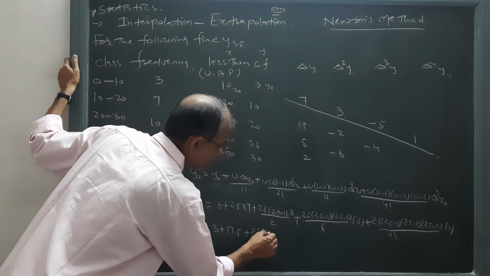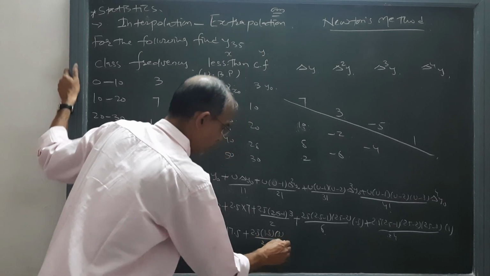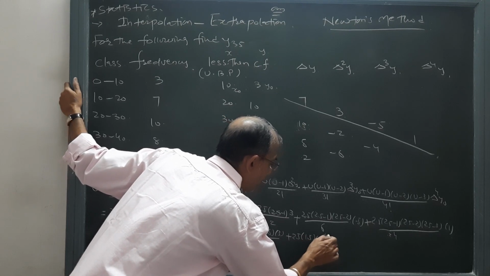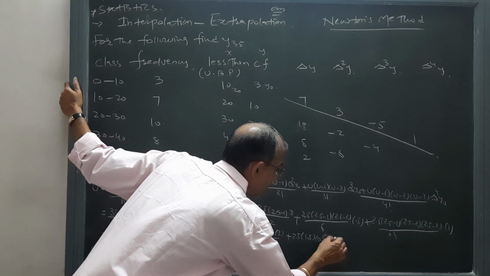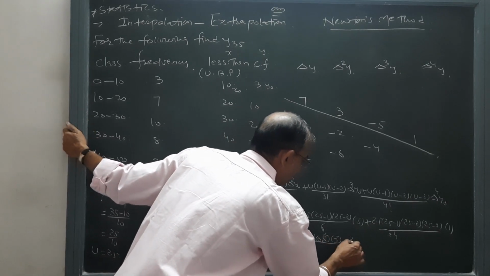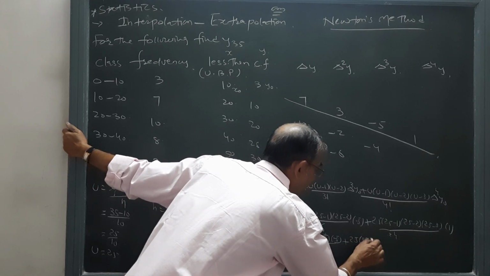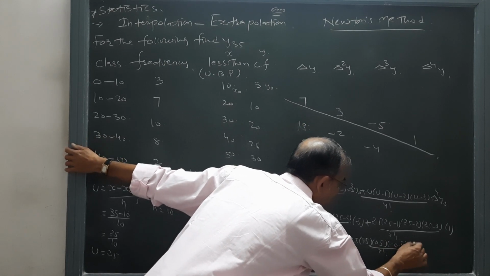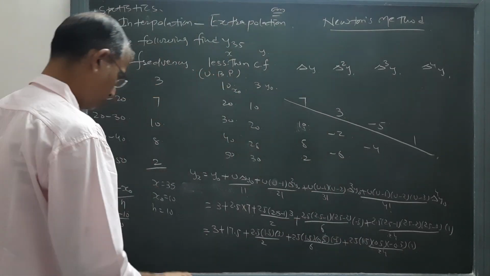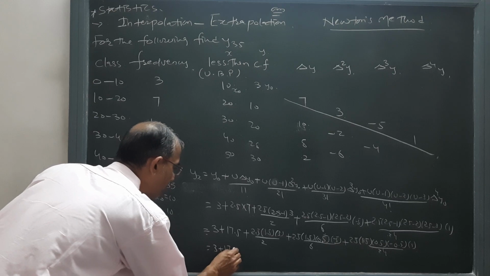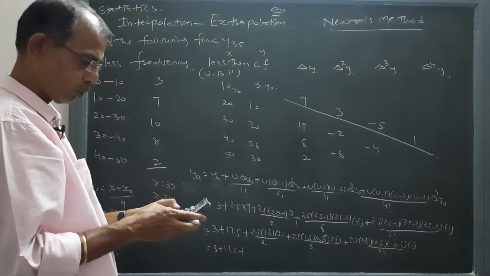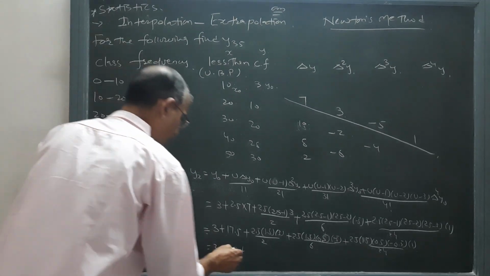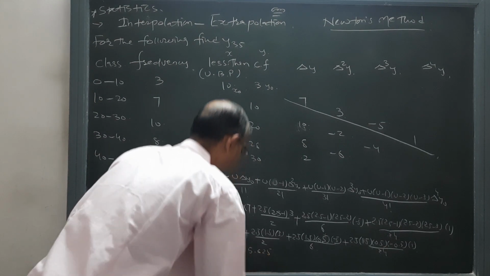Then 2.5 into 1.5 into 3 divided by 2, that is 5.625.